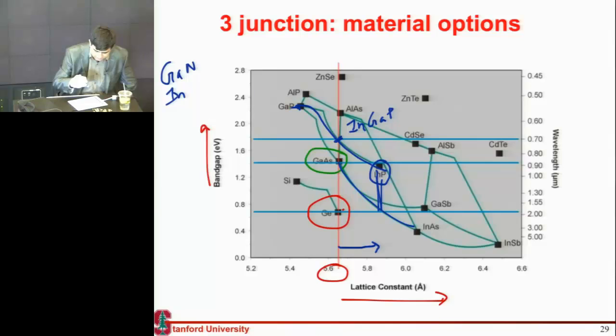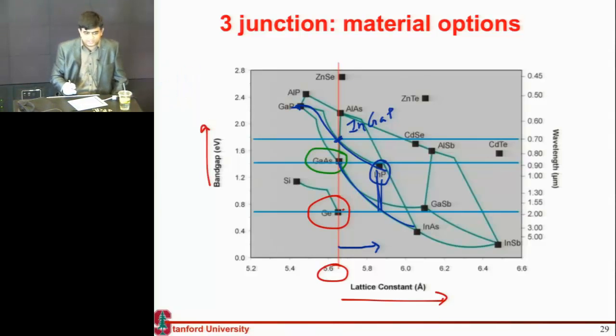Maybe you can ask him about it and get all the secrets from him on Wednesday. But the main challenge over here is to realize these three band gaps, which are lattice matched to each other.